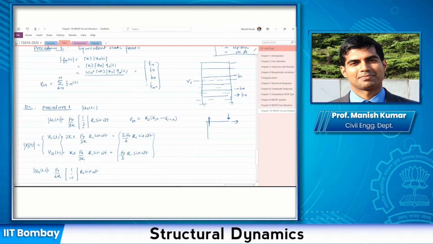Displacement does not come into the picture. Similarly, the horizontal force here would simply be this force, by considering equilibrium. And the moment here would be the moment due to this force and the moment due to that force. This is the preferred method.